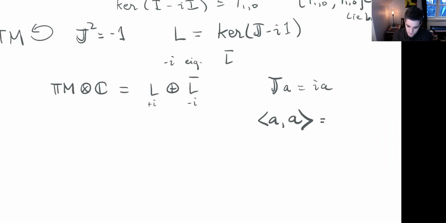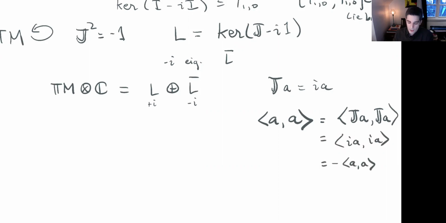This is the same thing as if I applied JA and JA, because J is an orthogonal transformation. But A is in the I eigenspace, so this is the same as iA and iA. I've complexified everything, so this is still C-linear, and I get minus the inner product of A with A. So if A is in the plus I eigenspace, then A is null.